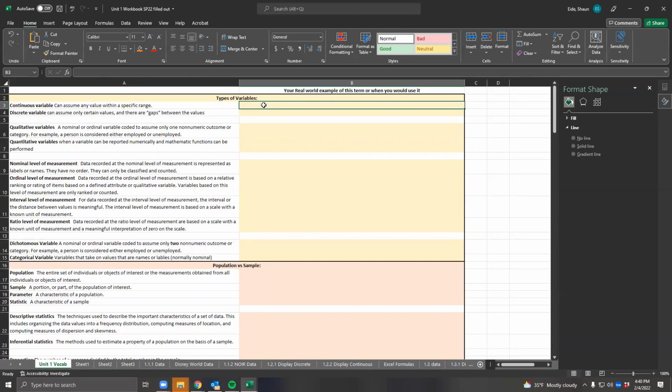Continuous data: temperature in Texas can range anywhere from 15 degrees to 80 degrees in a single day. That is continuous data, which is temperature.